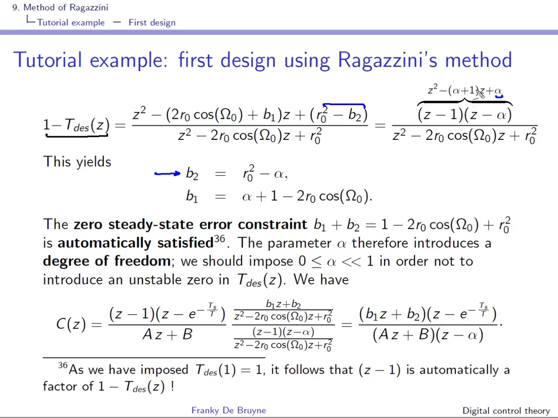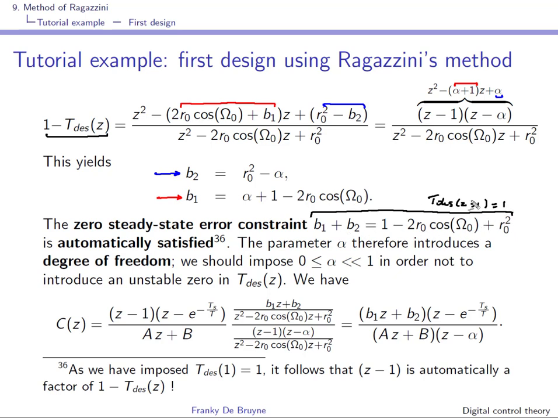And if you look at the terms in z, equating this one with this one over here will produce b1. If you sum these two, you can see immediately that this is exactly the constraint that we were requesting for T desired in z equal to 1 is equal to 1.